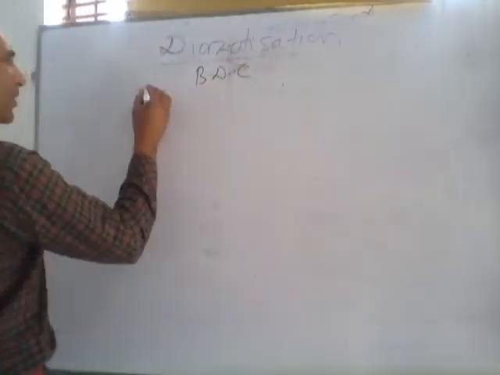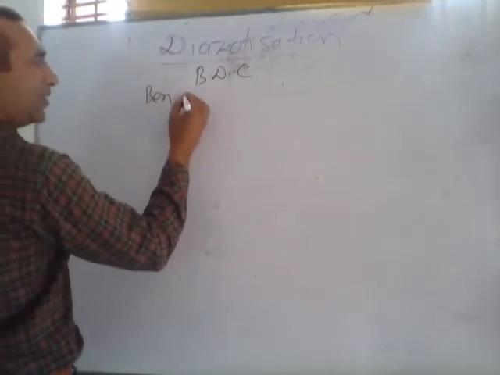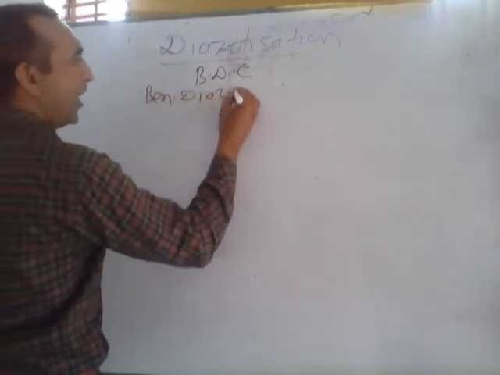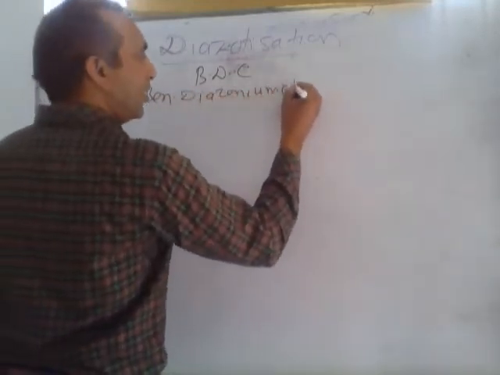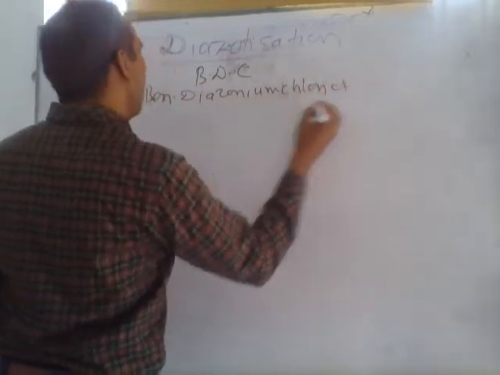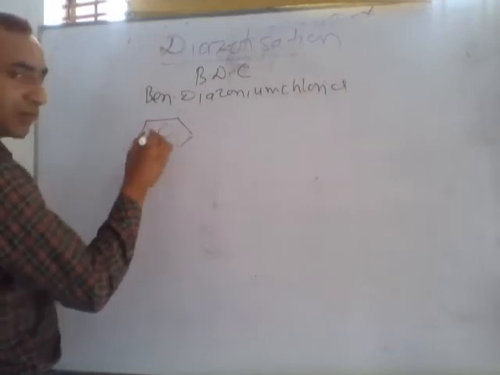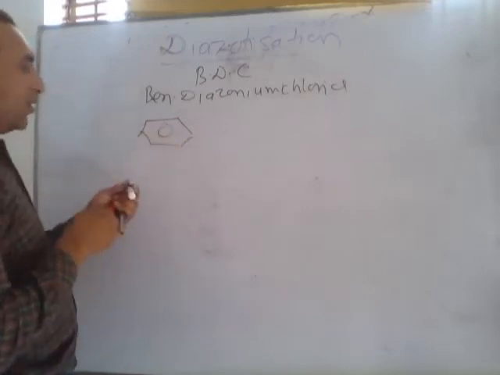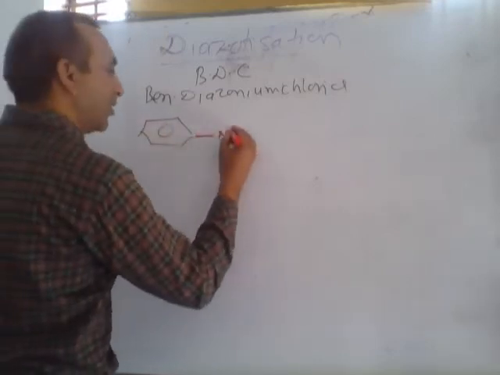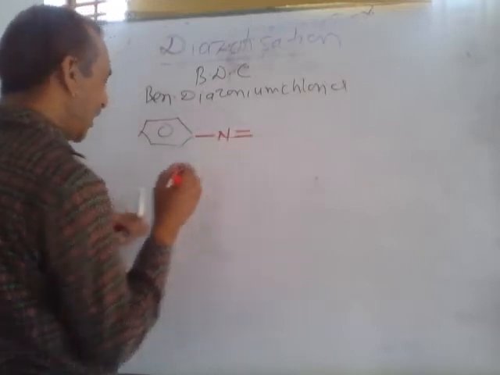The full form of BDC is benzene diazonium chloride. So this is benzene, and this one is diazonium.